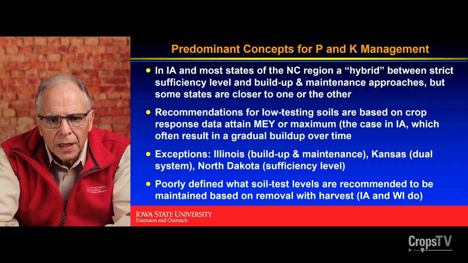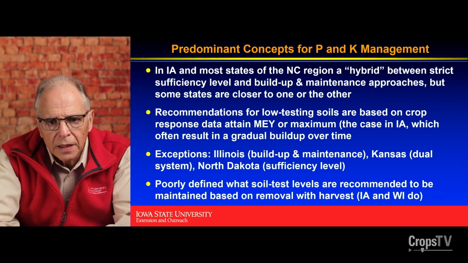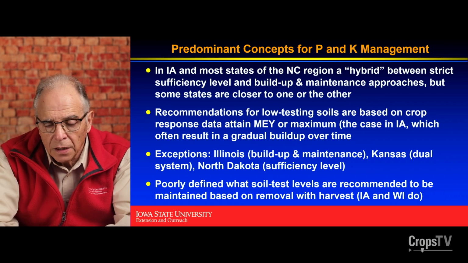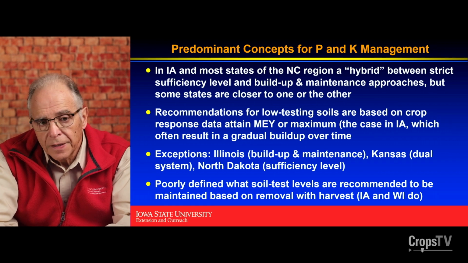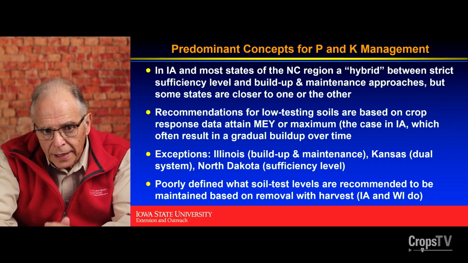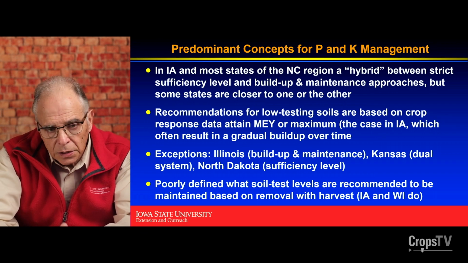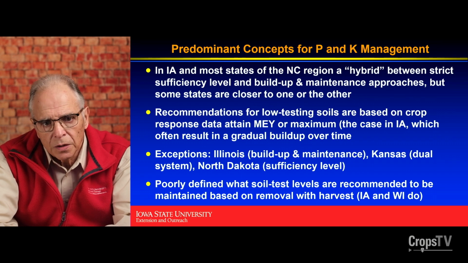Now, the issue that happened with this approach is that it is poorly defined what soil test levels are recommended to be maintained based on removal with harvest. Now, there are two states that, if you look at the recommendations, in Iowa, PM 1688, it says clearly what it is that we are maintaining and why, okay? And Wisconsin also has some definitions in terms of what they do.